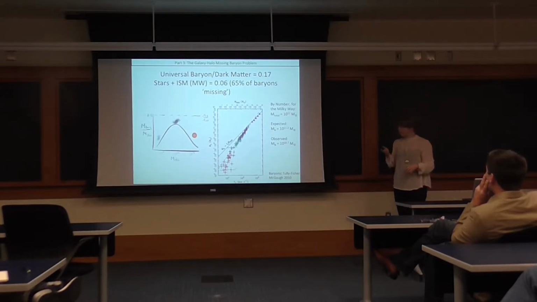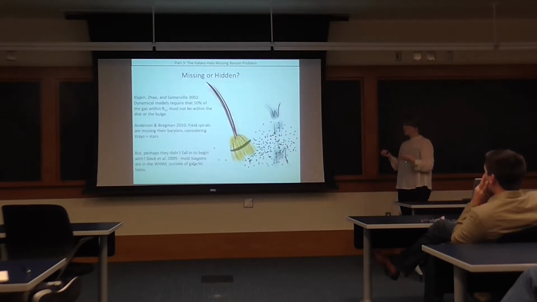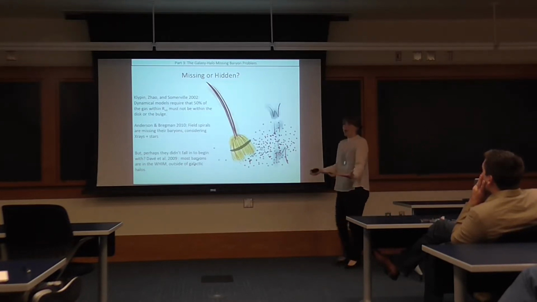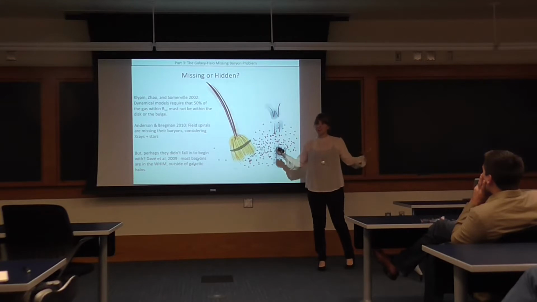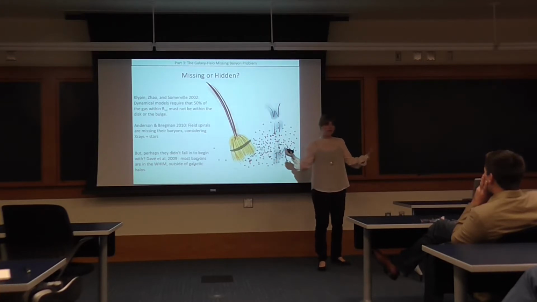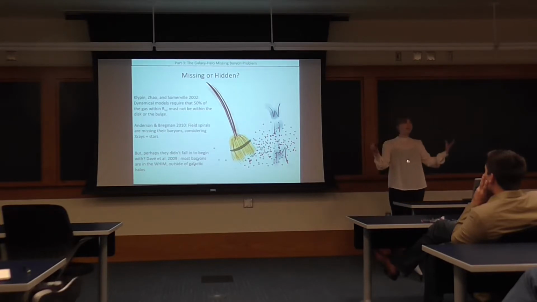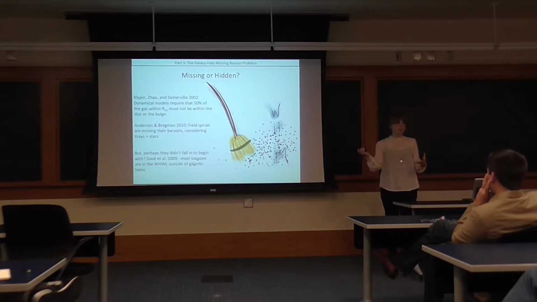This has led some people to think that maybe galaxies just don't have their cosmological fraction of baryons. Maybe galaxies just are baryon poor, and all of the baryons in the universe are just in this warm, hot intergalactic medium, this WIM, that people are constantly shoving baryons into.